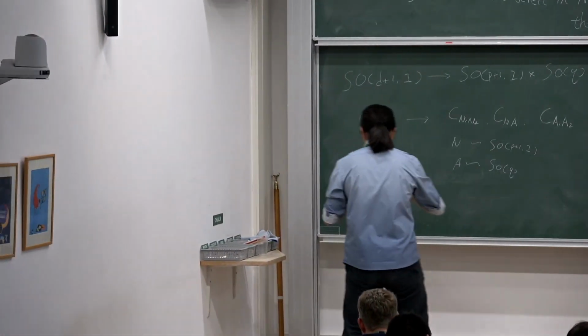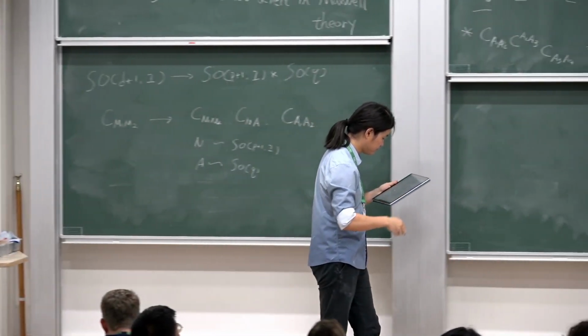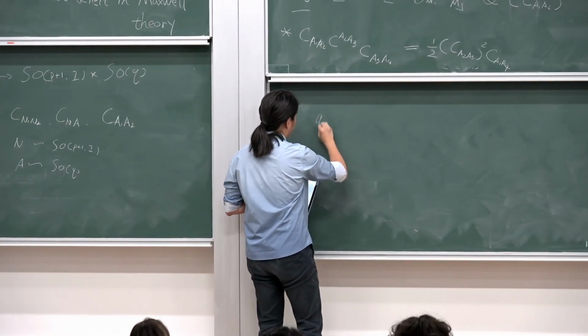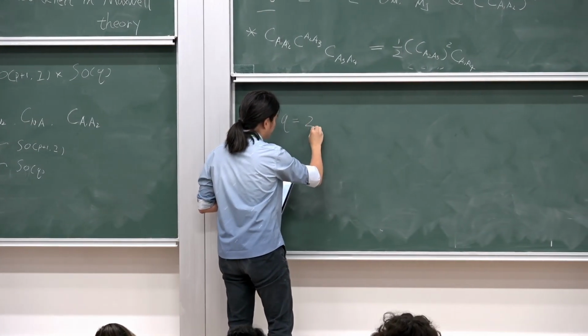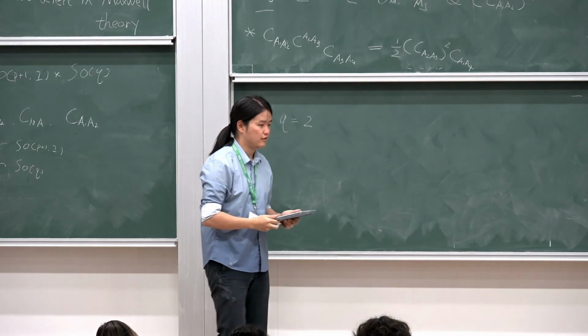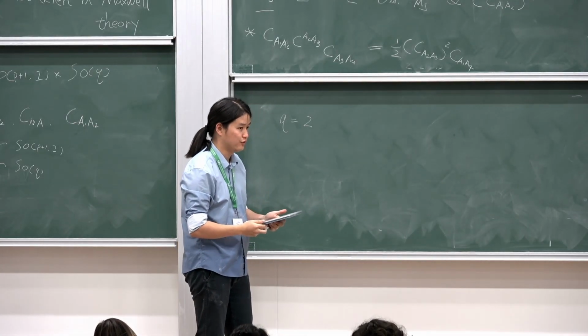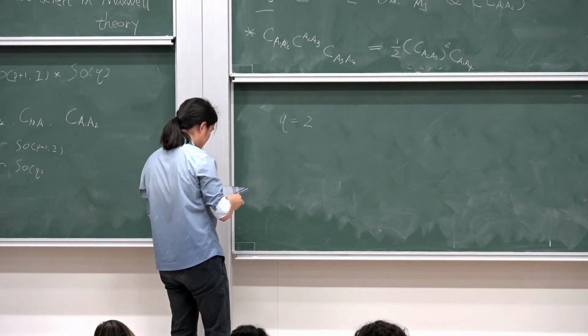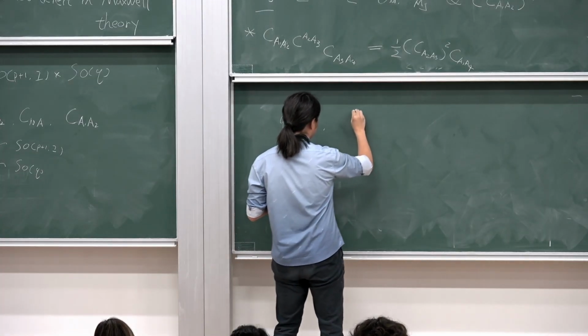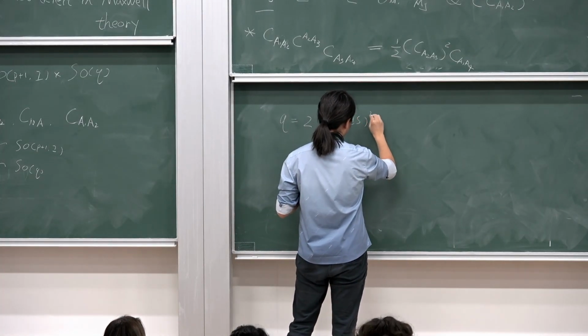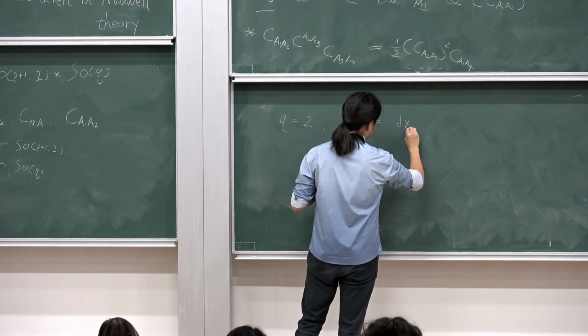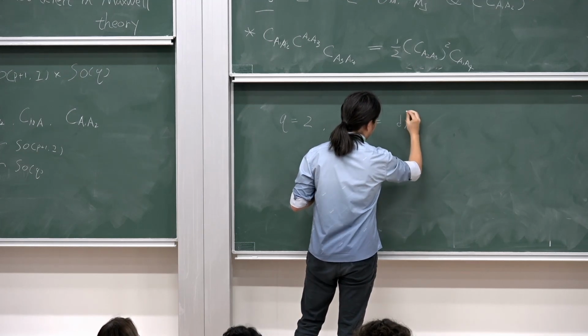Now, for example, I'm going to take Q equal to 2. The codimension is 2, such that the defect itself is D minus 2 dimensional in real space. And I'm going to take a polar coordinate.